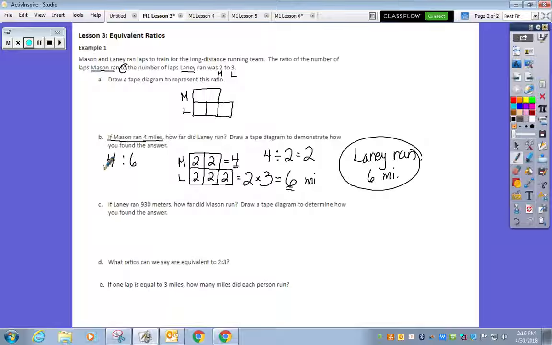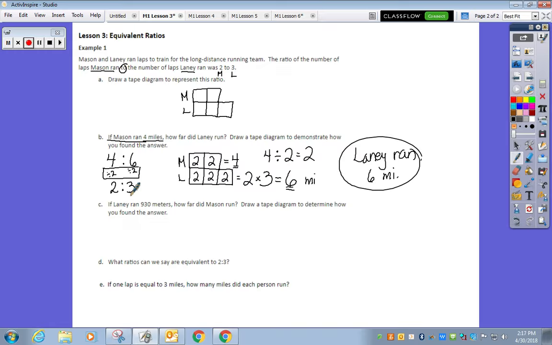If you were to look at 4 to 6 and you were to simplify it, you would divide both by 2. 4 divided by 2 is 2, and 6 divided by 2 is 3. Since we've divided both numbers in the ratio by the same number, it is creating an equivalent ratio. So we can say 4 to 6 is an equivalent ratio to 2 to 3.